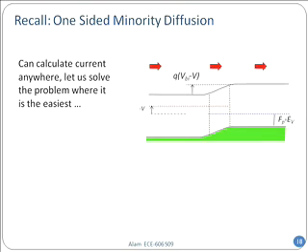In fact, I can calculate the current wherever I wish. And as a result, I will solve it where it will be the simplest. And it's simplest in the minority carrier region, because there's just a few electrons to think about. I could have solved it on the left-hand side also, in the drift region, but that would have been more complicated. But the continuity allows me to calculate anywhere, and then translate that current to anywhere else.